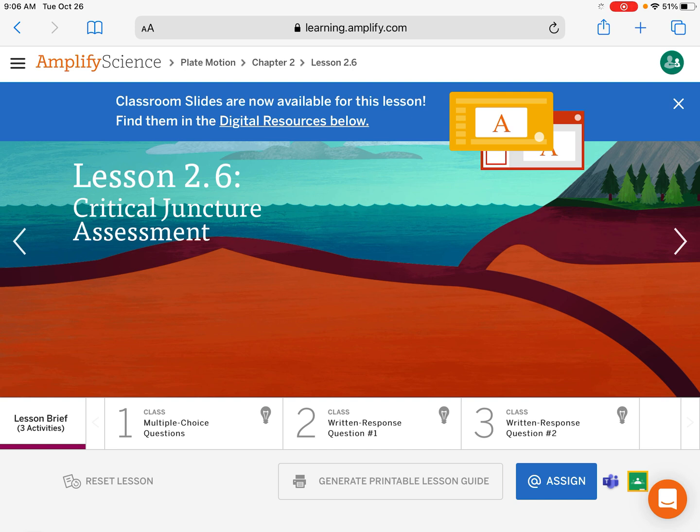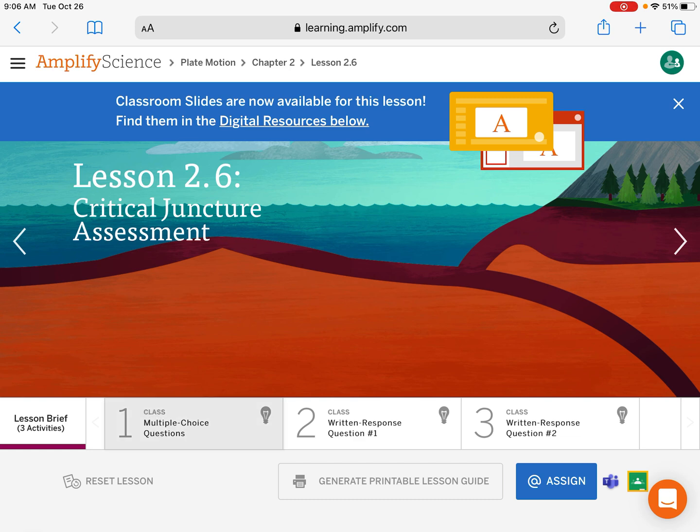This is not graded, but it's incredibly important because this allows me to see where you're at with your understanding of the standards that we've got for this unit. And so I need to know if you are needing to review some things, if you're on target, or even if you're ahead.